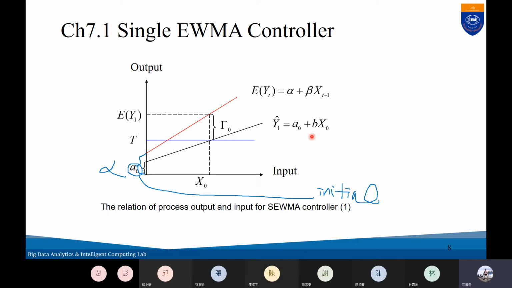So this is our initial level of the control factor.